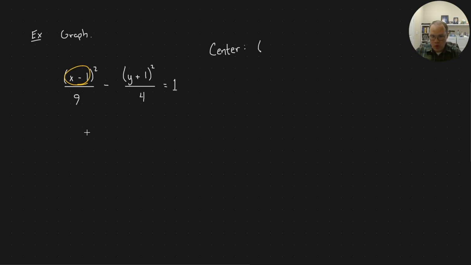And we'll be shifting 1 unit right and 1 unit down. Our center is (1, negative 1). Positive 1, because positive 1 makes this 0, and negative 1 for the second term there, because negative 1 makes this guy 0.